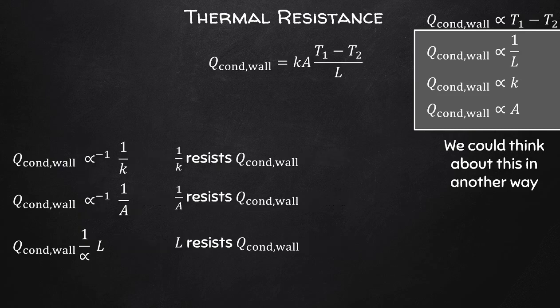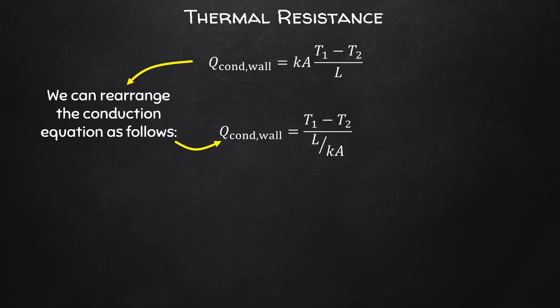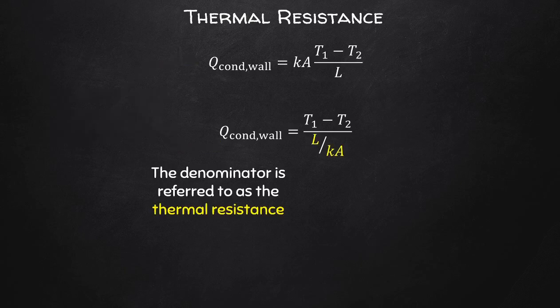So consider then these three properties of the flow path as entities that would cause some resistance. Then we can arrange our conduction equation to reflect this principle as shown here, where the denominator is referred to as the thermal resistance of heat flow in this instance.